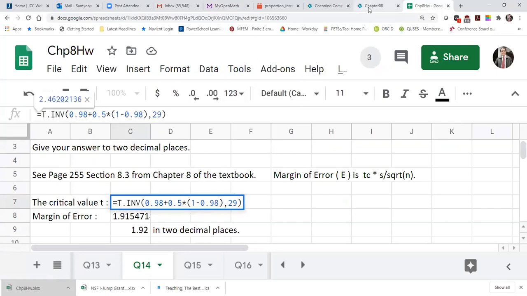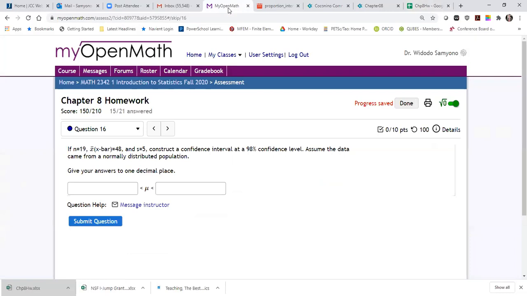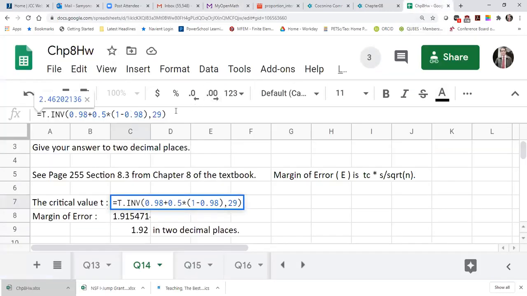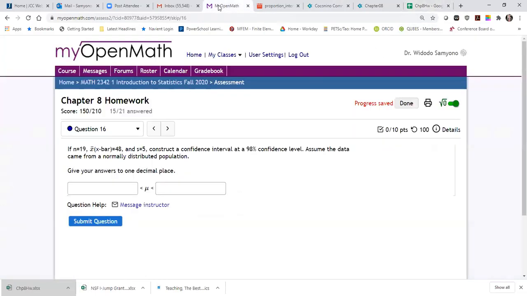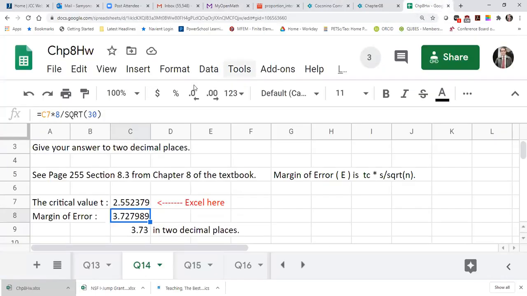The sample size is 19, so the degree of freedom is 18. So this one will be 18. The standard deviation is 5, so you need to replace this with 5. The sample size is 19. Enter.